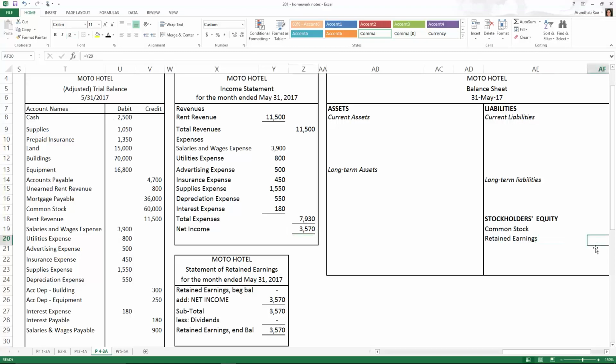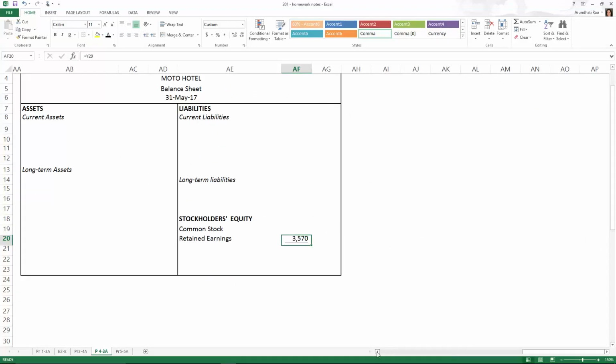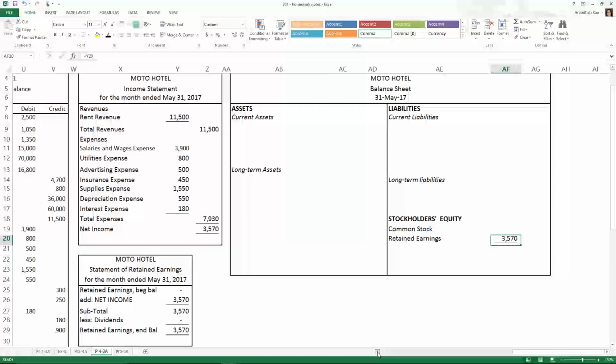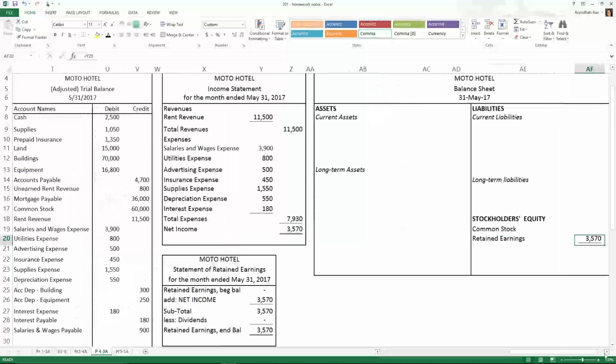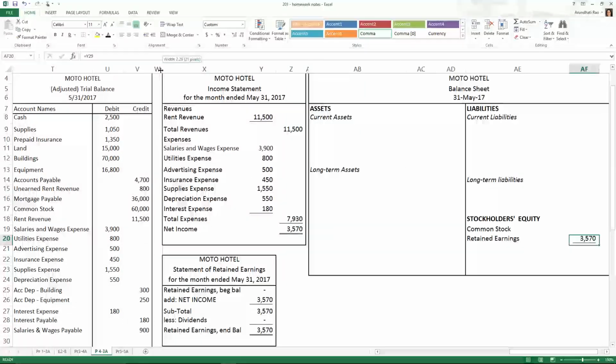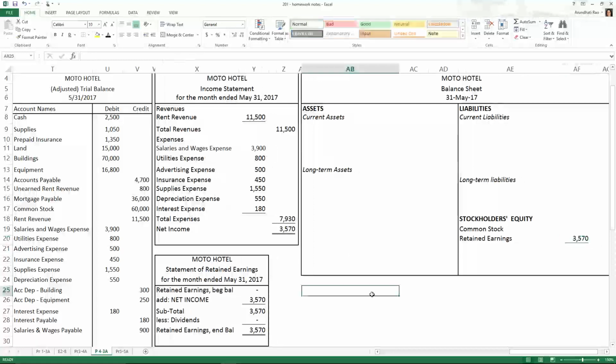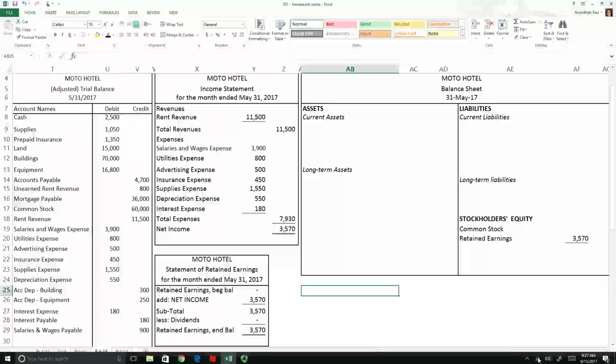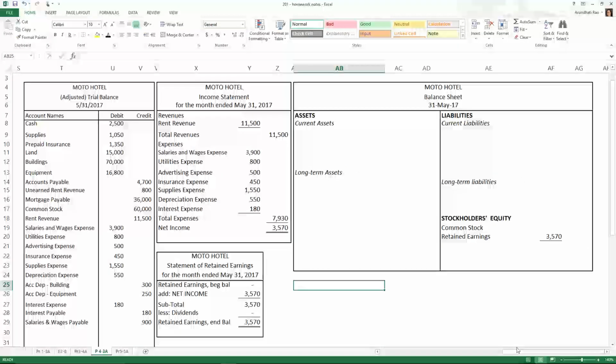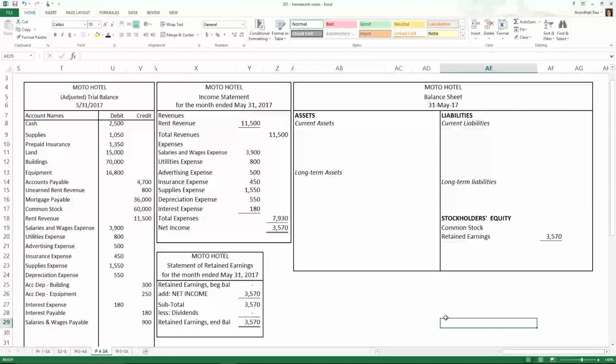So again, over here, I'm going to bring that number forward. I need to adjust my screen a little. Okay.